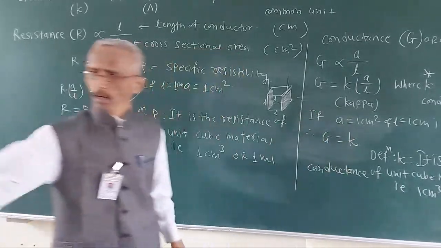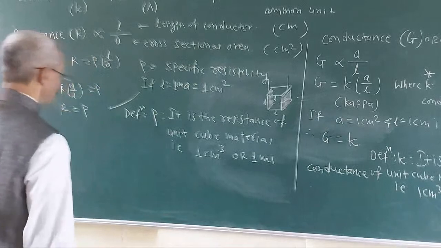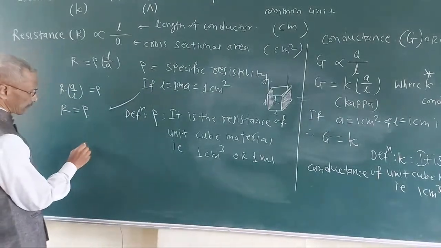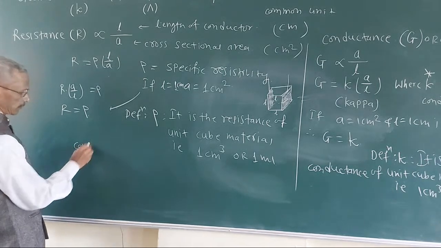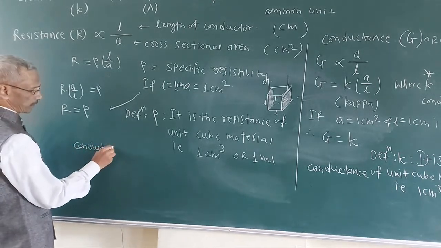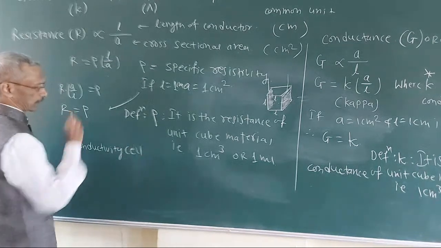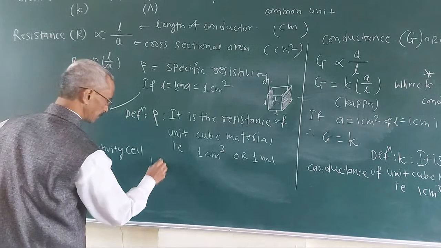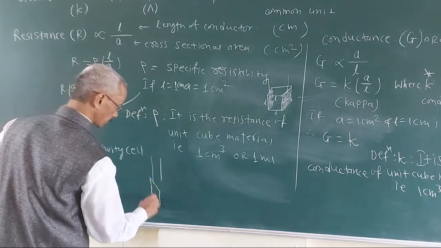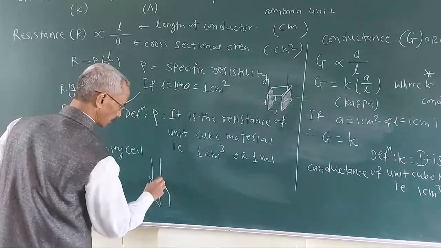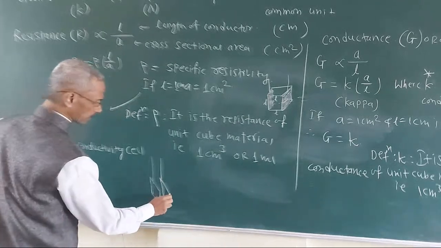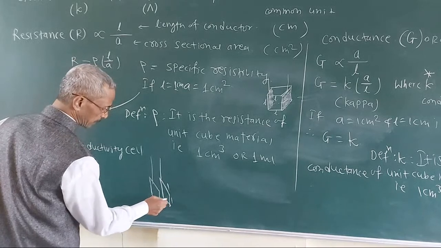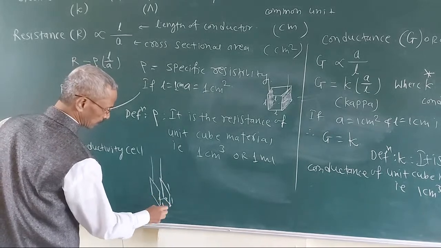Now, secondly, in general, consider conductivity. In practice, there are two electrodes like this, each 1 by 1 centimeter, and the distance of their separation is also 1 centimeter.